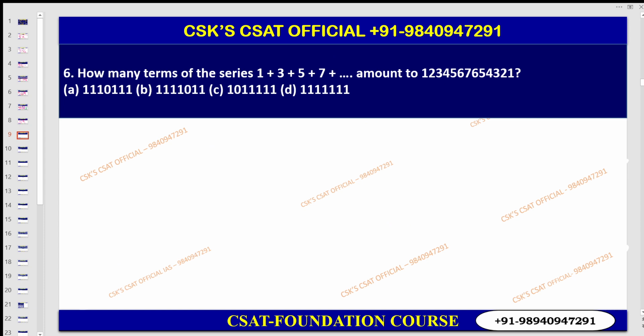How many terms of the series amounts to? Why are you guys taking this much time to answer this question? Palindrome 1 2 3 4 5 6 7, then 6 5 4 3 2 1.